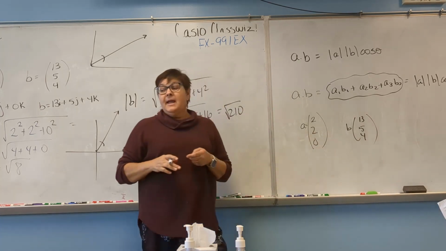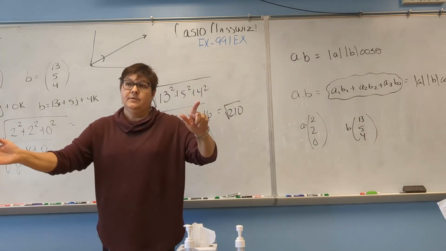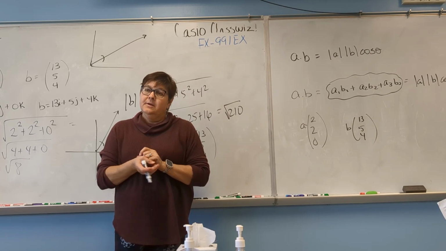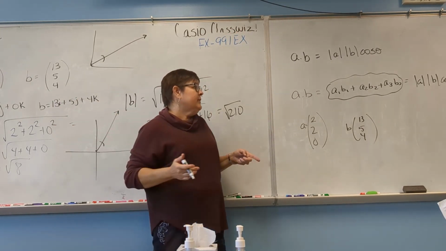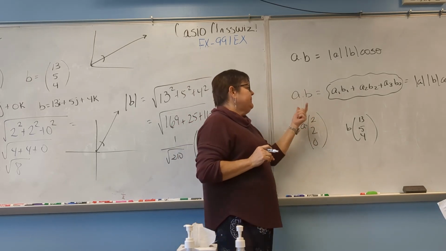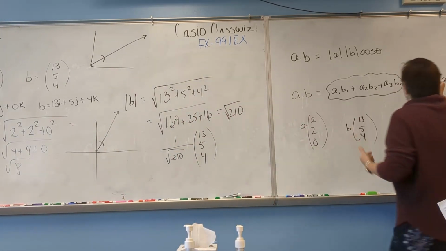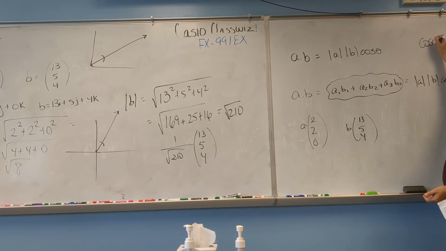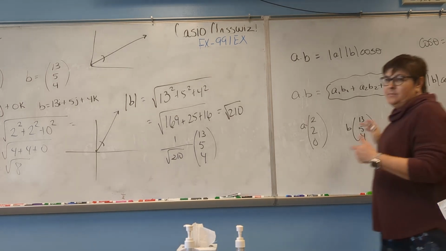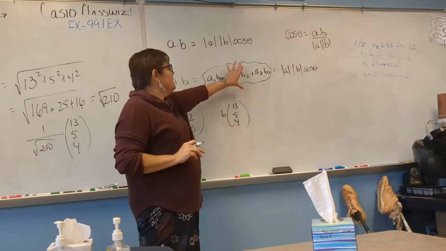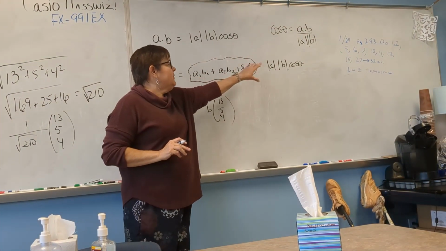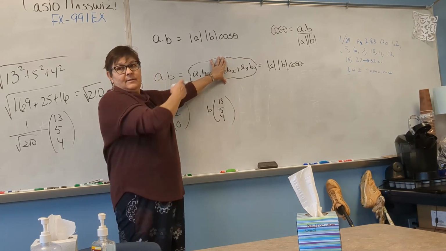If I wanted to find the angle that's formed between these two vectors from the origin, where they start and where they go out, the way I would do it, personally, is to write it like this: cosine of theta is equal to the dot product divided by the length of A times the length of B. Do you see that that's a version of that? If this was gone and I solved for cosine theta, do you agree that that's exactly what I wrote up there?